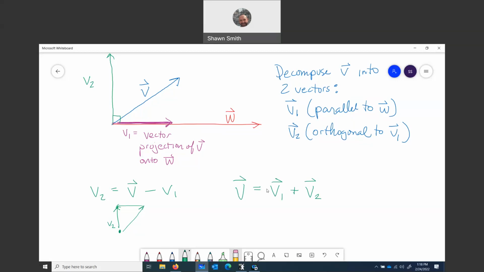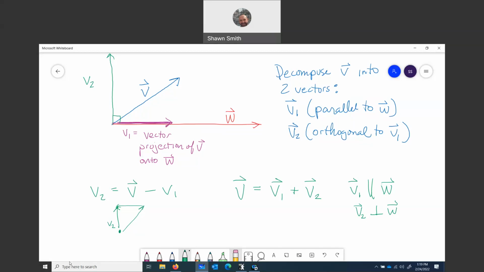I already said V1 is parallel to W, and V2 is orthogonal to W. Remember that notation for parallel, and for orthogonal, where two vectors form a right angle between them.